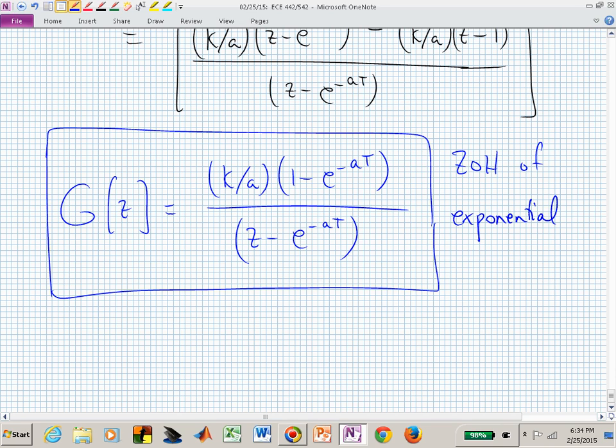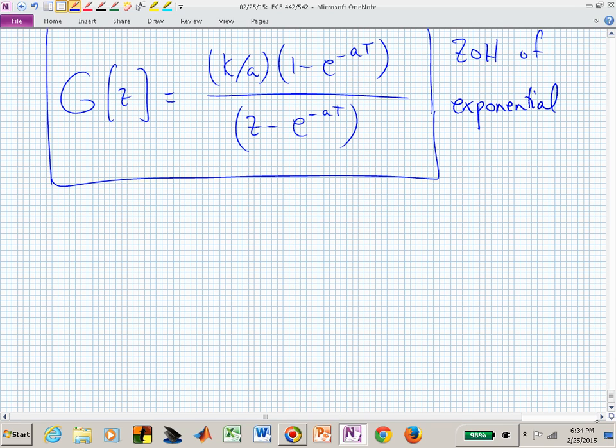Do we have any finite zeros? Do we have any finite values of z that cause that G of z expression to vanish? No. We don't have any z's in the numerator. What about poles? We have a pole at, let's say, capital R, or e to the minus at.